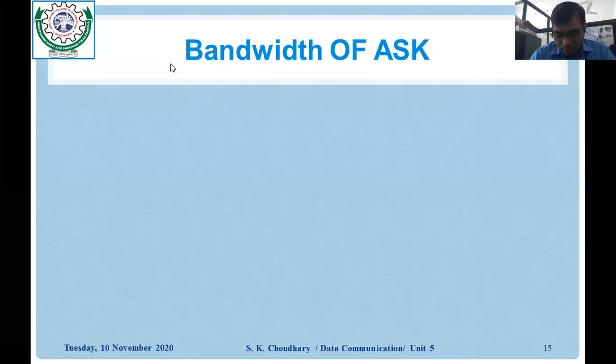So today we will continue unit number 5 that we started in the last lecture. We started with the passband modulation technique, amplitude shift keying.